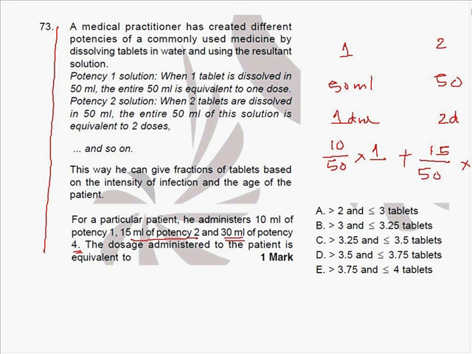That's all. Because here is one tablet. The dosage administered, how many tablets? So 10 by 15 is one tablet, 15 by 15 into 2 is 2 tablets, 30 by 15 into 4 is 4 tablets. So you basically get 3.2, I think. Yeah, B. One more question.